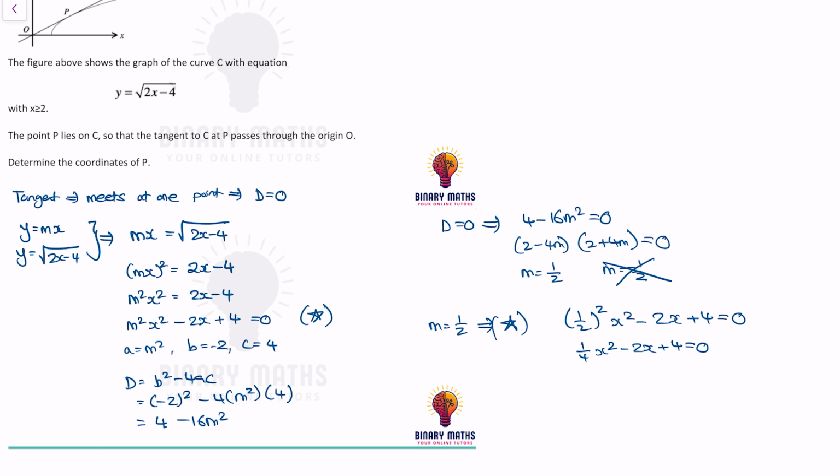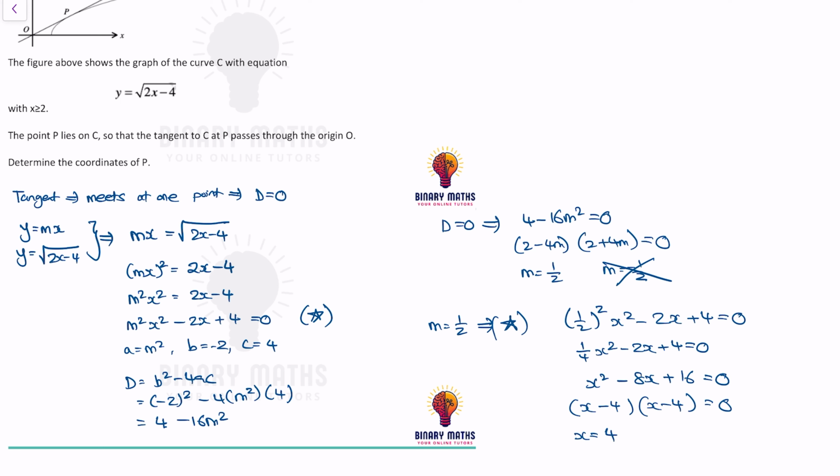Okay, I need to times by 4 to get rid of the quarter. So if I times every term by 4, I get x squared, take away 8x plus 16 is equal to 0. This factorizes to give me x take away 4 times x take away 4, which gives me one repeated root, which makes sense because we're looking at a tangent.